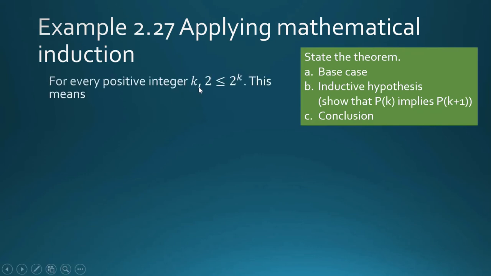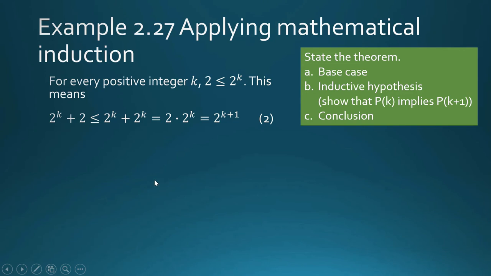For any positive integer k, 2 is less than or equal to 2 raised to k. This means that 2 raised to k plus 2 is less than or equal to 2 raised to k plus 2 raised to k. Okay, so why are we justified in making this statement? Well, 2 raised to k is less than or equal to 2 raised to k. That is true. But this one, 2 is less than or equal to 2 raised to k.